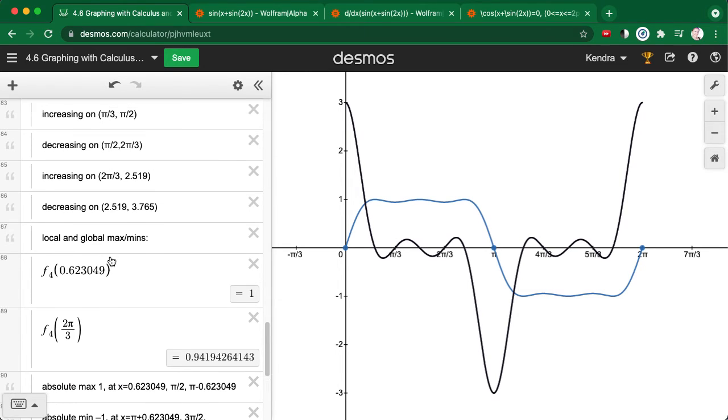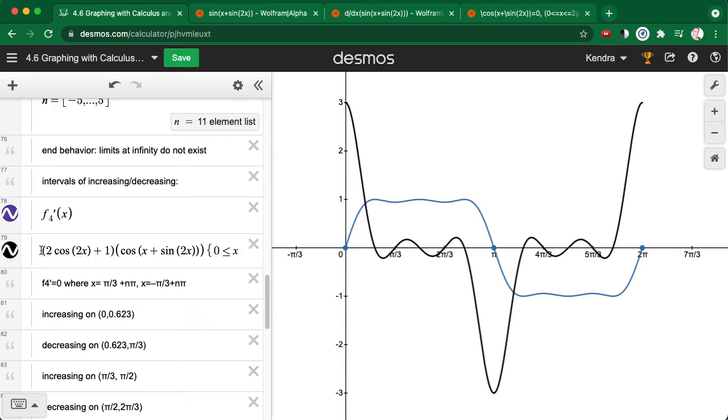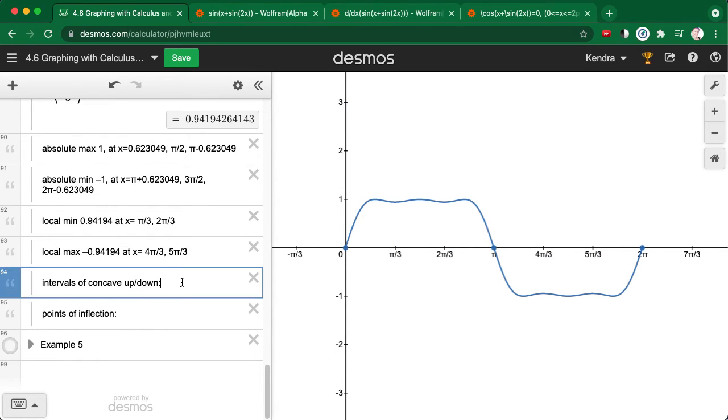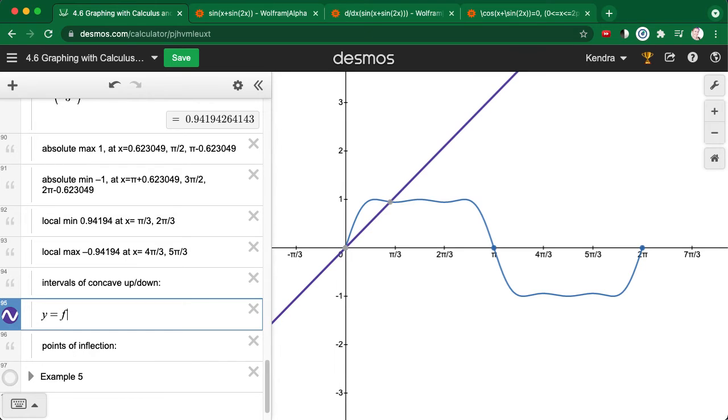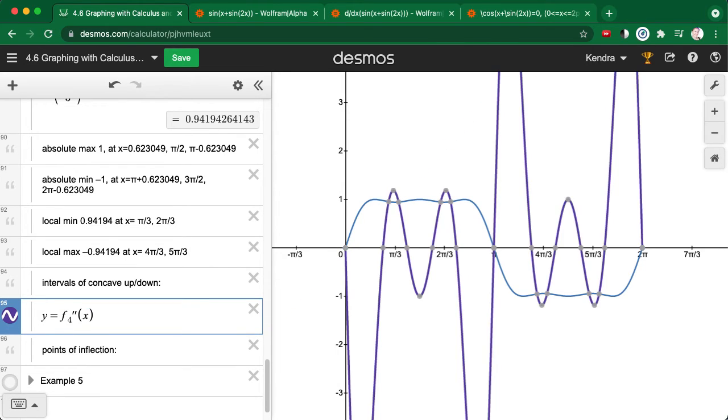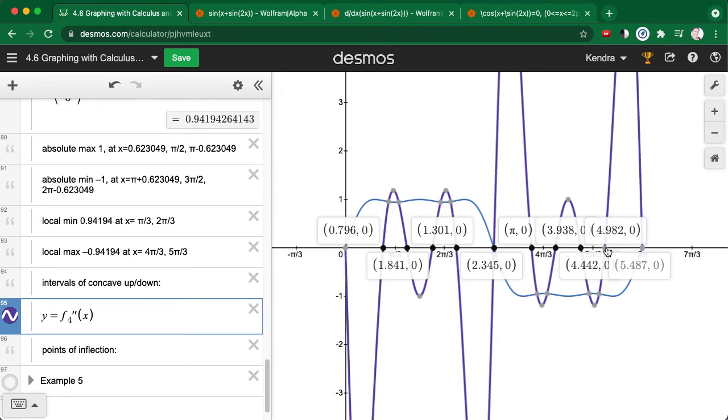Intervals of concave up and down. Let's take this. That's our first derivative. Let's look at our second derivative. All right. Ooh, yikes. And let's see, we have not very nice numbers for the intercepts of that second derivative.